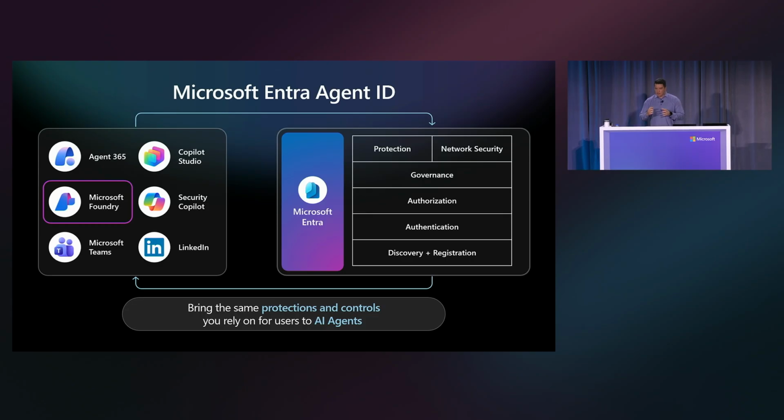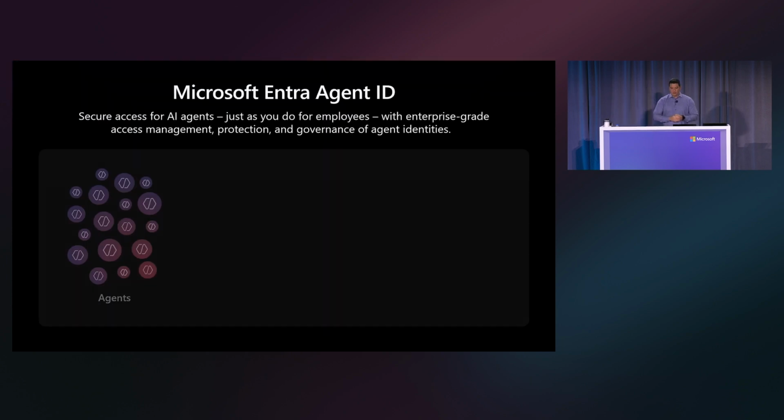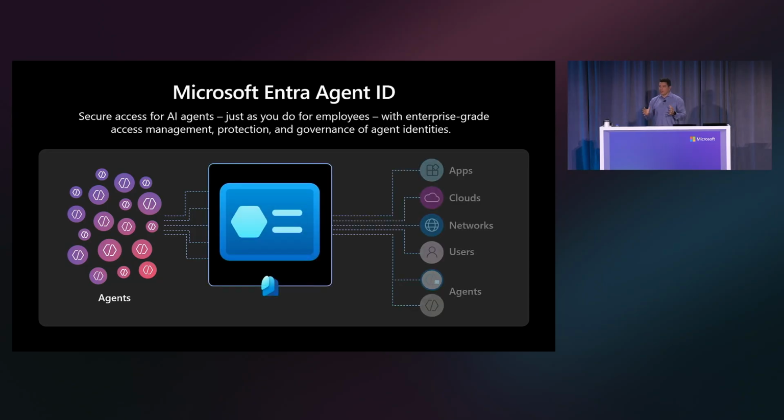On the next slide, I'm going to show how it works, and then I'm going to go through a specific demo. So here, imagine that in your tenant, in your company, you have all the agents on the left side. Doesn't matter if they have an ID or not, be it a Microsoft platform or a third-party platform. The key thing that Agent ID is going to provide to all those agents is a specific identifier.